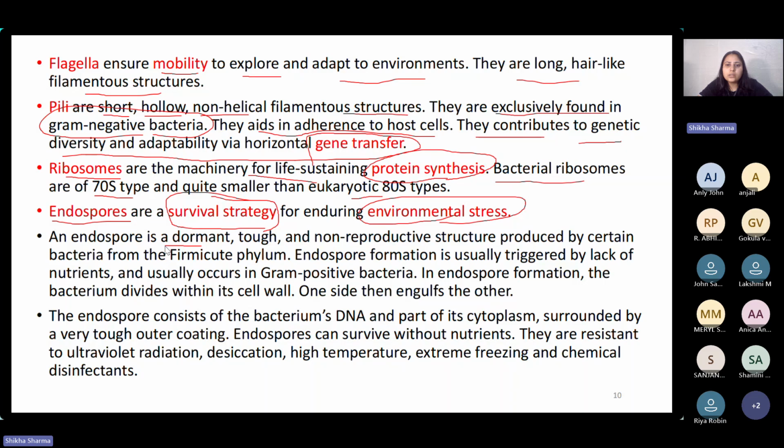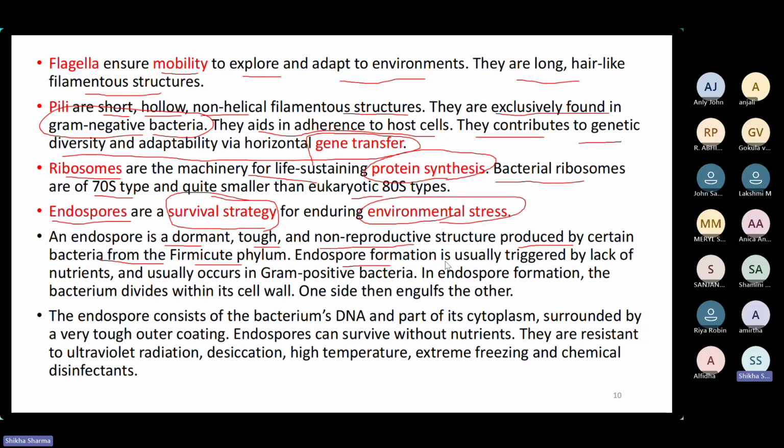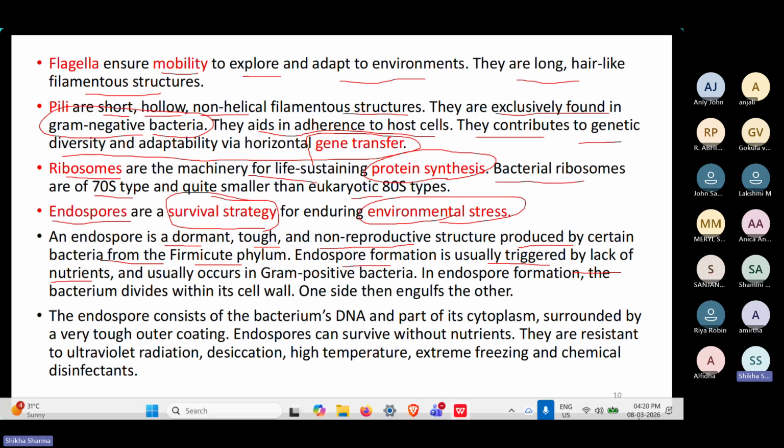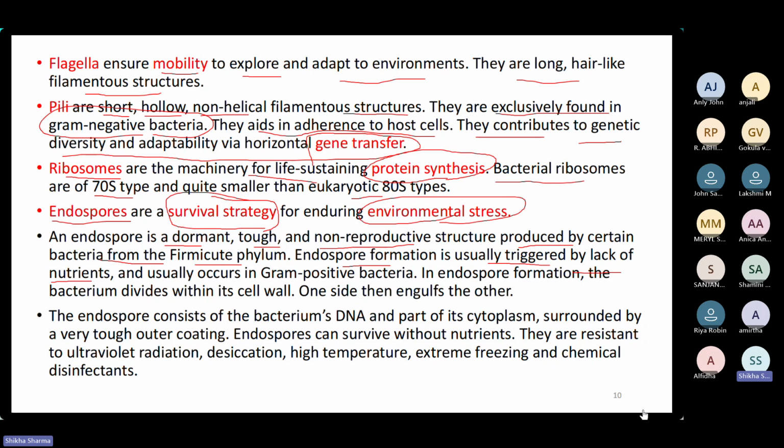This endospore is a dormant, tough and non-reproductive structure which is produced by certain bacteria from the Firmicutes phylum. Endospore formation is usually triggered by lack of nutrients. If there is lack of nutrients or some kind of stress, bacteria may undergo the formation of the endospore.